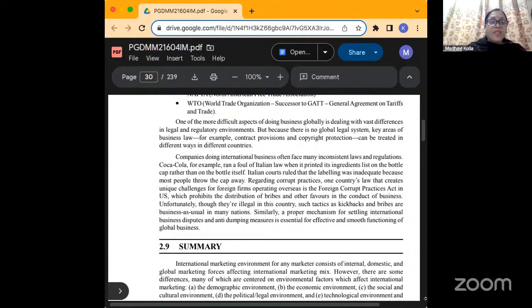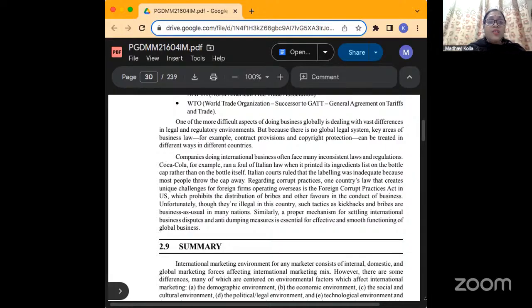So, if I have certain resources like oil in my country, now my perspective on oil for either importing or exporting would be very different from another country which does not produce oil. So, that is how we need to understand.